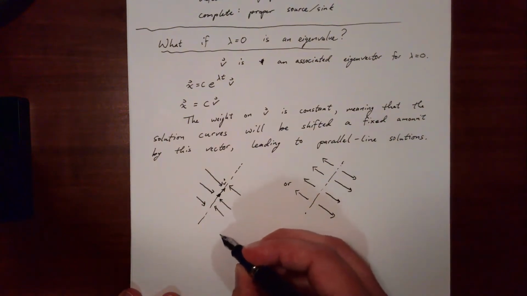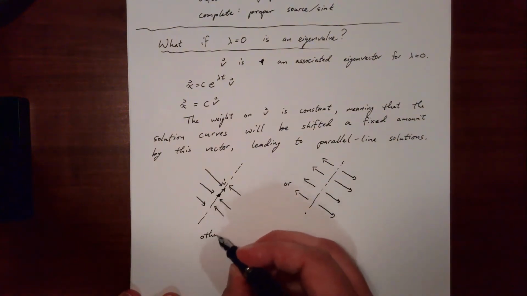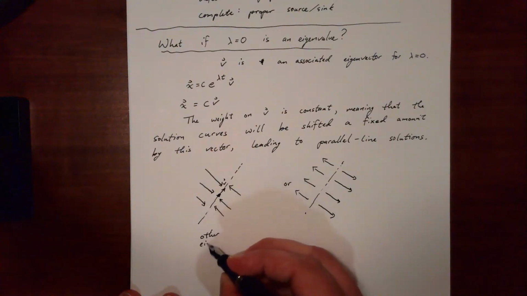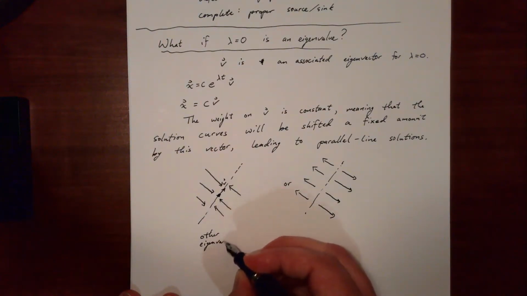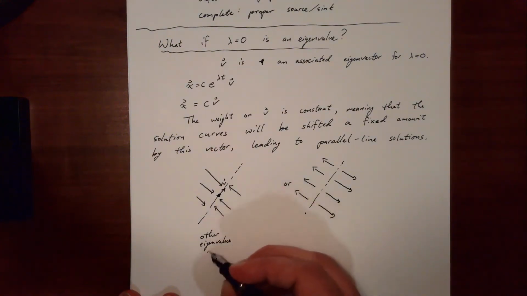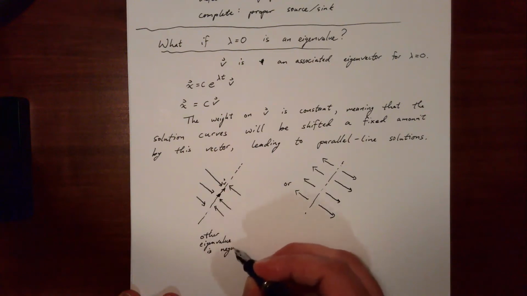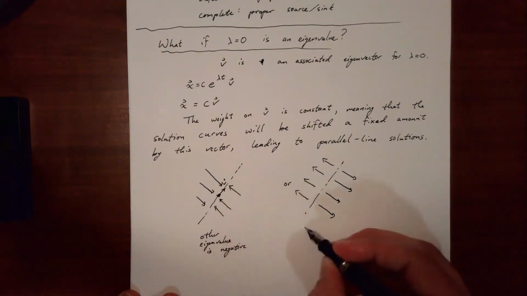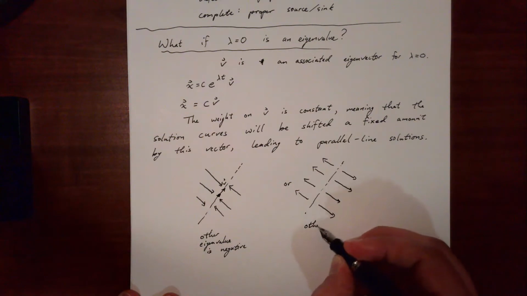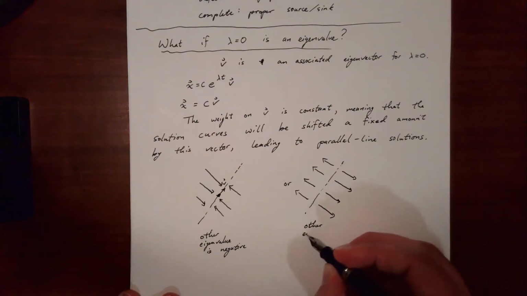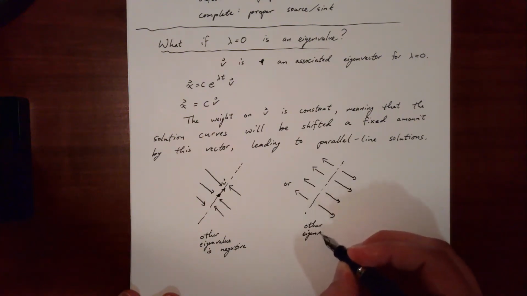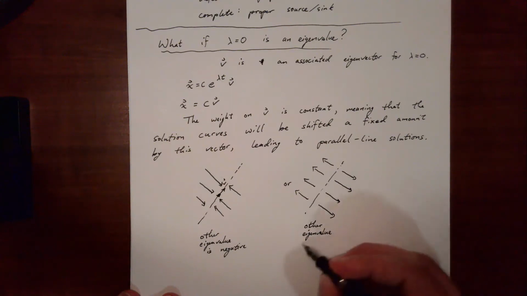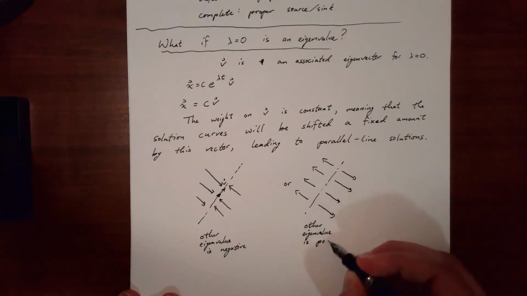This represents the case where the other eigenvalue is negative, and this represents the case where the other eigenvalue is positive.